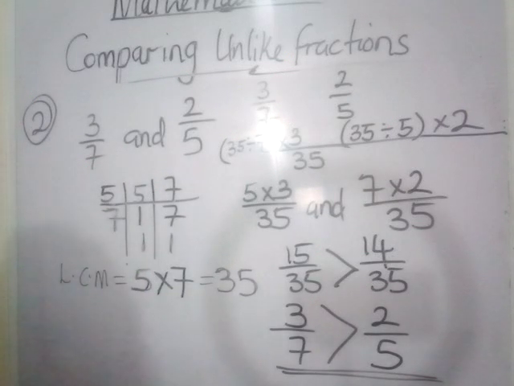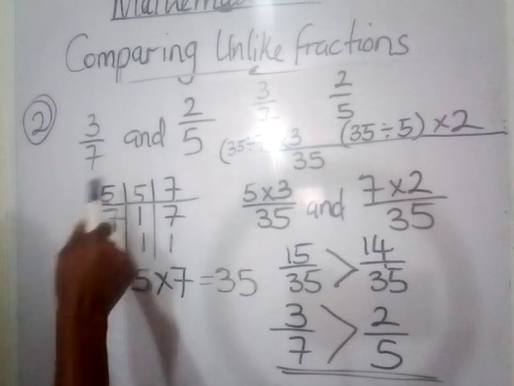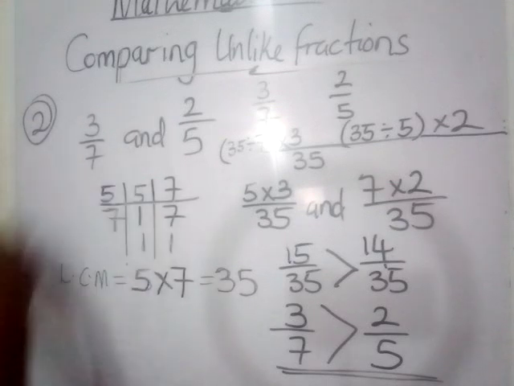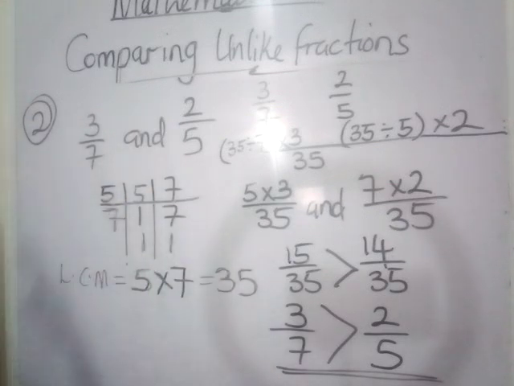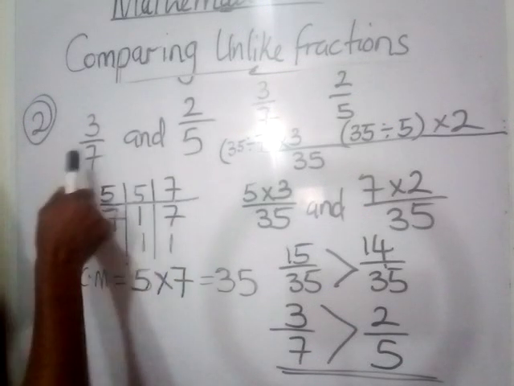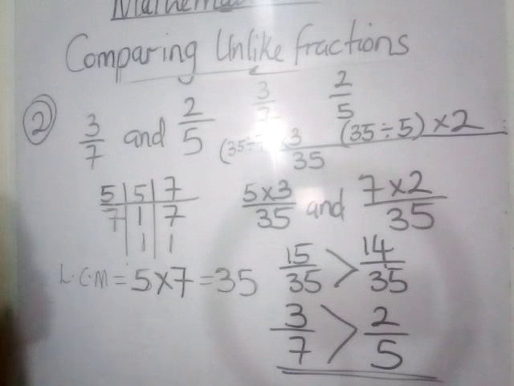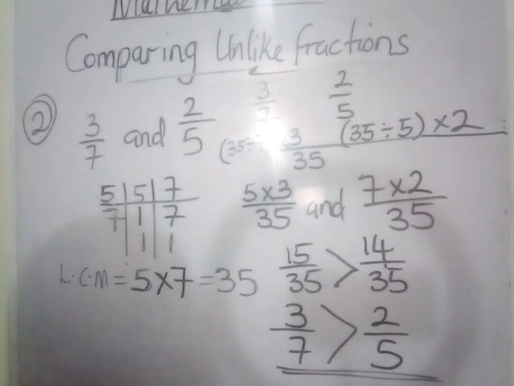But like I said, multiplying the two denominators doesn't always give you the lowest common multiple, which we solve through this process. But even if you don't get the lowest common multiple, whatever number multiplying the two denominators gives you, once you are able to still reduce it to the lowest term, you will still get your final answer.